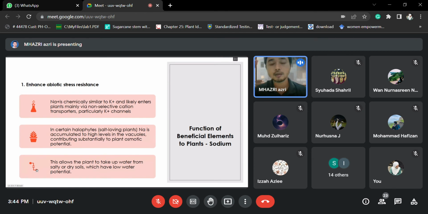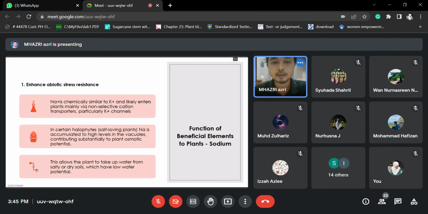Plant tissue, when it absorbs a lot of sodium ion, the water potentials will become lower or drops. Okay, so the reductions water potentials will induce the movement of water from higher potentials to lower potentials. Okay, so plant tu tadi bila dia absorbs banyak sodium, dia akan menyebabkan water potentials dekat dalam plant tissues tu menurun.